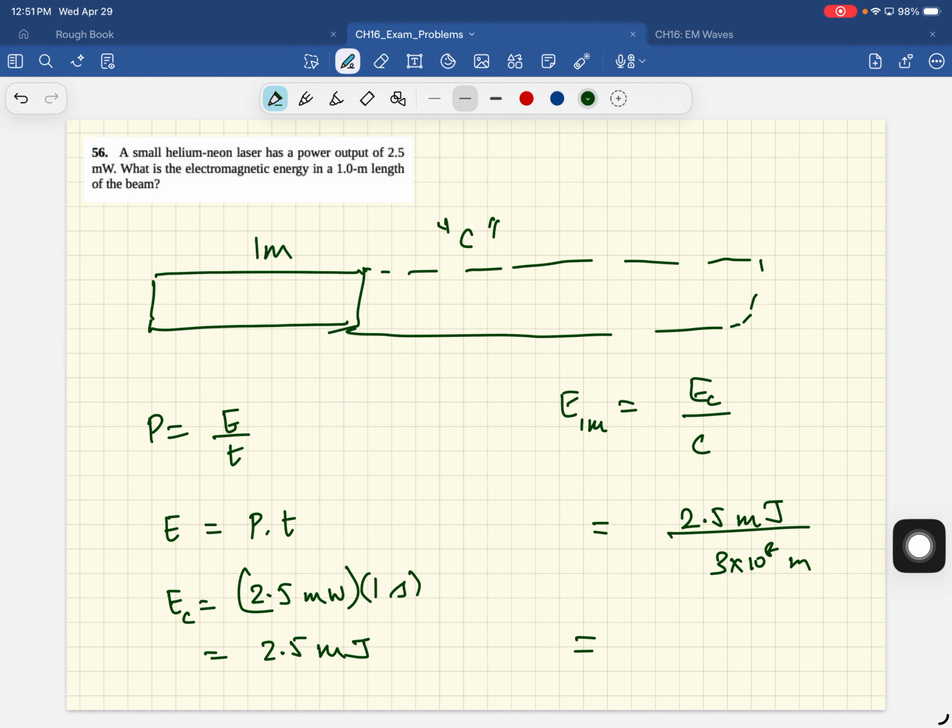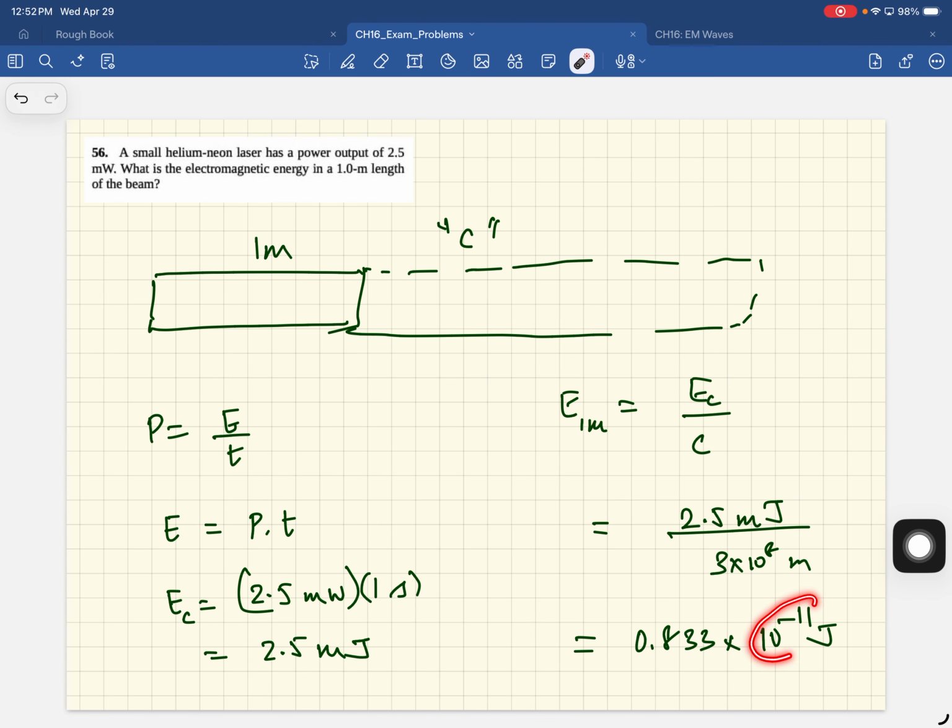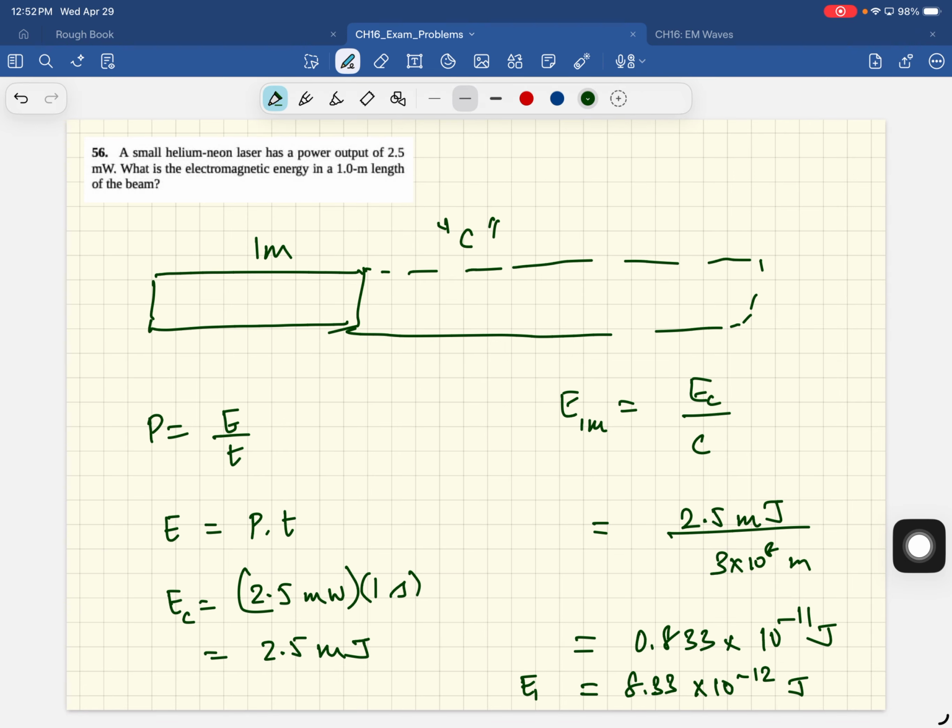So this is equal to 0.833 times 10 to the minus 8, and then a milli is 10 to the minus 3, so that's 10 to the minus 11 joules. And so this is equal to 8.33 times 10 to the minus 12 joules. So 1 meter of that beam will contain that.